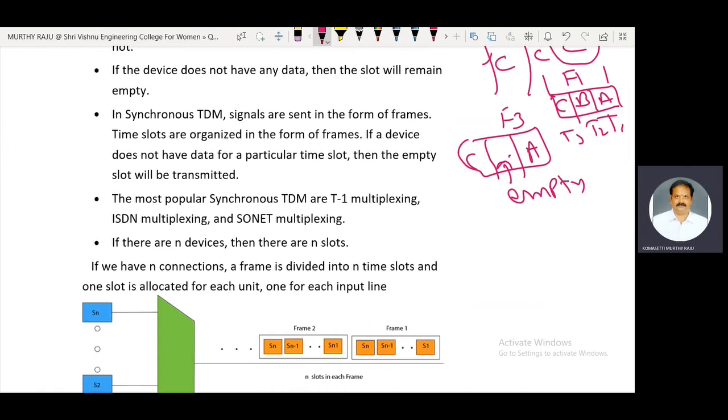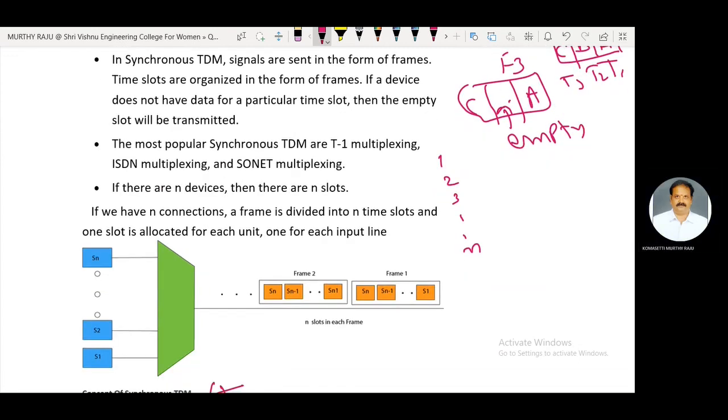The most popular synchronous TDM systems are T1 multiplexing, ISDN multiplexing, and SONET multiplexing. If there are n devices, then there are n slots. Here device 1, device 2, device 3, and device n. Source 1, source 2, source n.